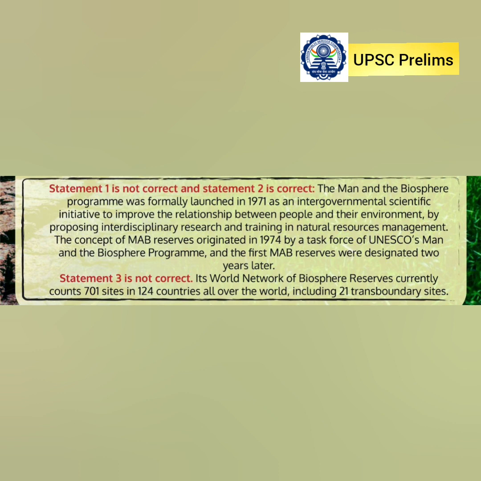The concept of Man and Biosphere Reserves originated in 1974 by a task force of UNESCO's Man and Biosphere program. The first Man and Biosphere Reserves were designated 2 years later. So by this, statement 1 is not correct and statement 2 is correct.